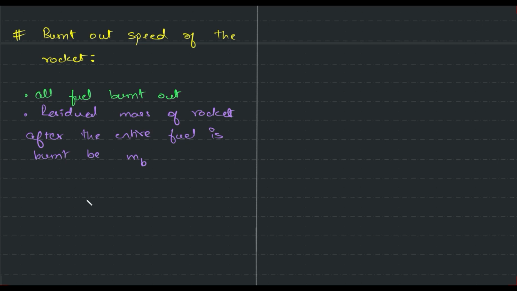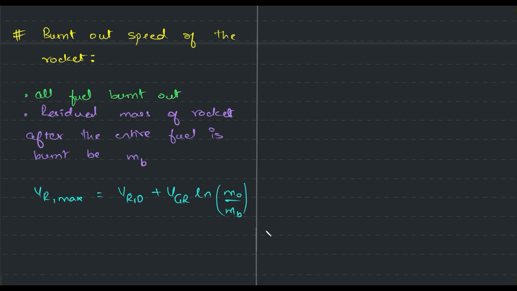Then what we have is Vr, which will be the maximum velocity, right? So that will be equal to Vr naught, this will not change, plus Vgr natural log of m naught by m b.